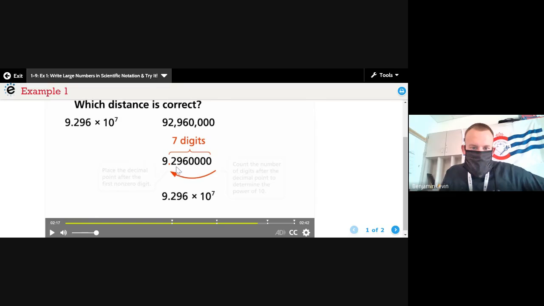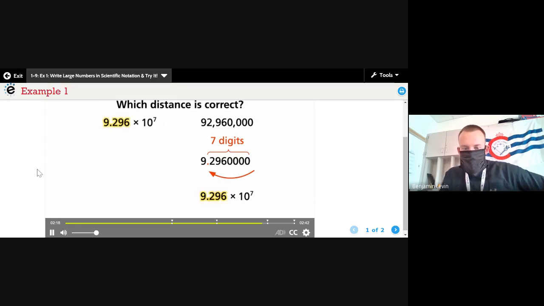So they moved the decimal point 7 digits to the left to get it to be here, right? Therefore, it is times 10 to the 7th. If we have a positive exponent, we're going to move the decimal point to the left. Why does the first factor have to be less than 10 in scientific notation?